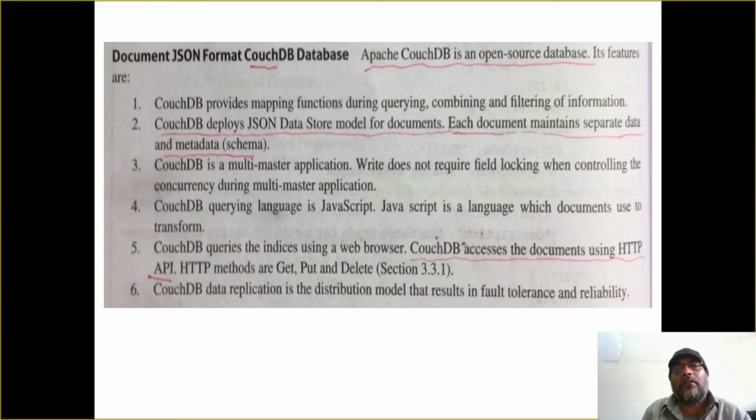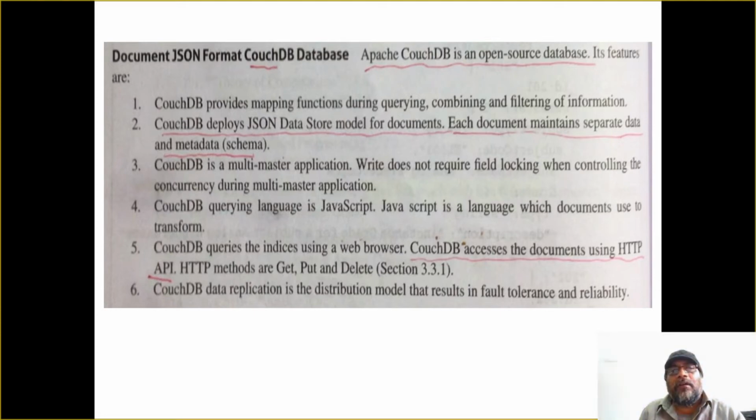CouchDB's querying language is JavaScript. JavaScript is a language which documents use to transform. CouchDB queries the indices using a web browser. CouchDB accesses the document using an HTTP API. The HTTP methods are get, put, and delete.